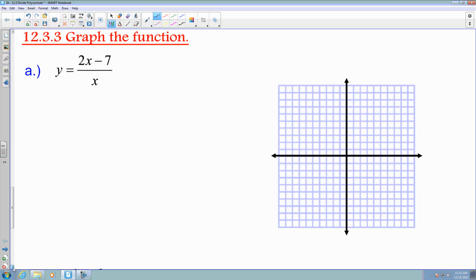If you use long division and use the quotient and remainder, it'll look similar to our general equation for radical functions, which is y equals a divided by x minus h plus k, which we learned in 12.2.